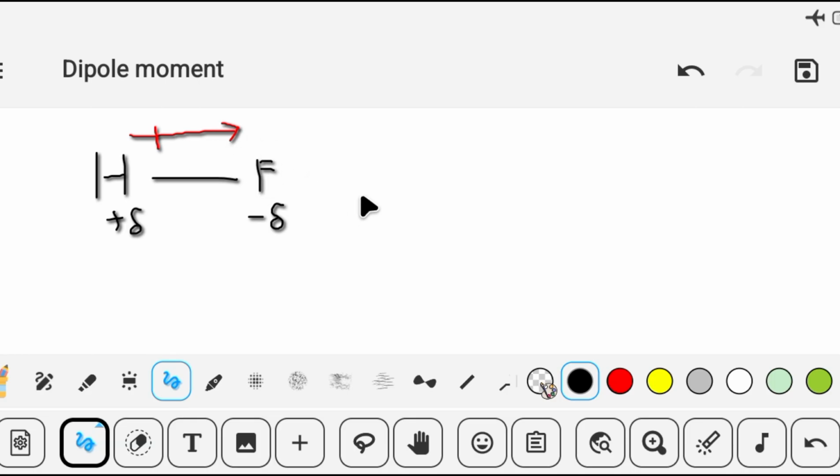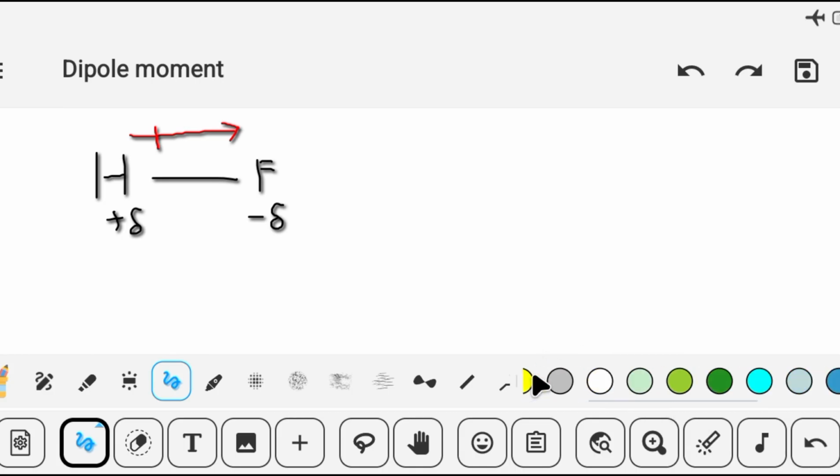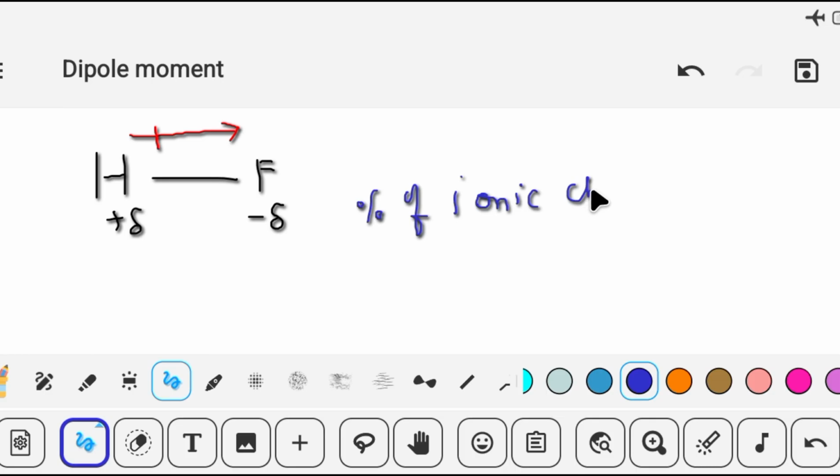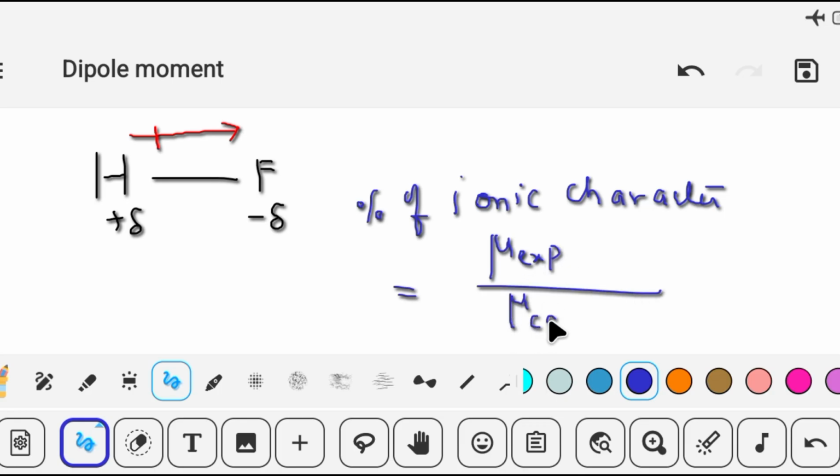This is very much useful to calculate the percentage of ionic character in a covalent bond. Using the dipole moment, the percentage of ionic character in a covalent bond is equal to mu experimental value divided by mu calculated value, multiplied by 100.